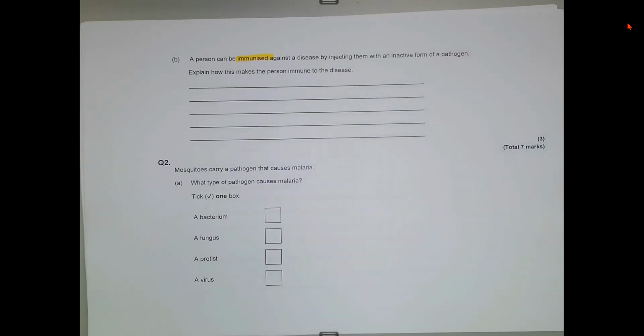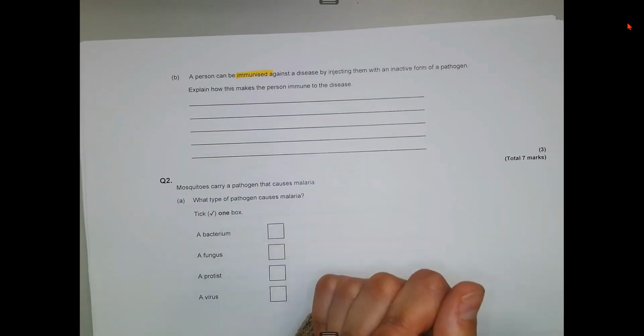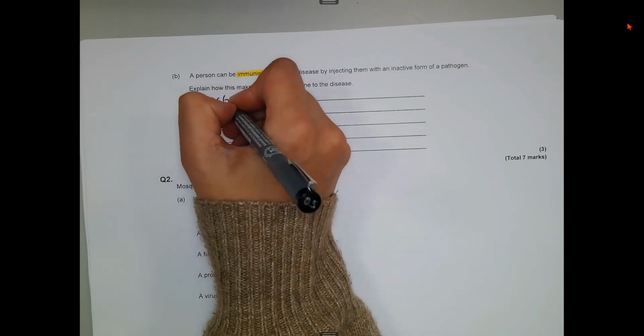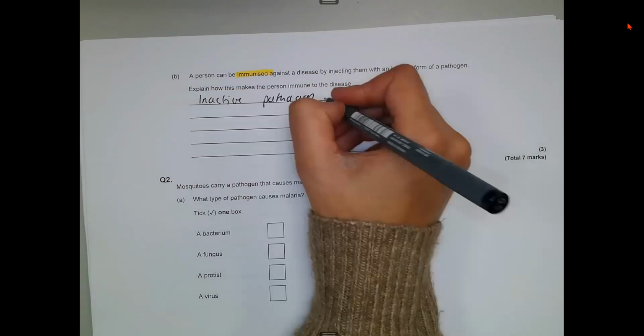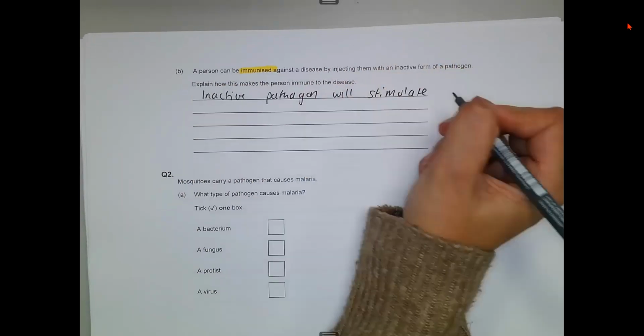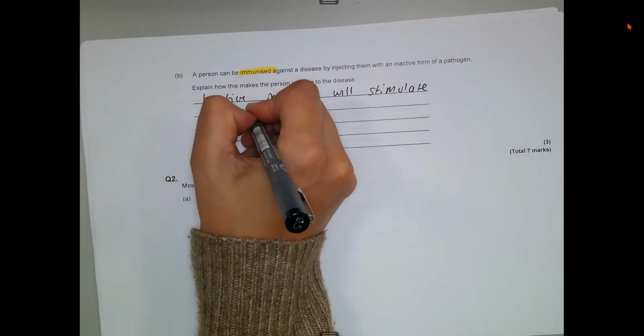So how does this make the person immune to the disease? Firstly, if we were to inject an inactive pathogen into the body, this inactive pathogen that still is displaying the same antigen will then go on to stimulate antibody production.